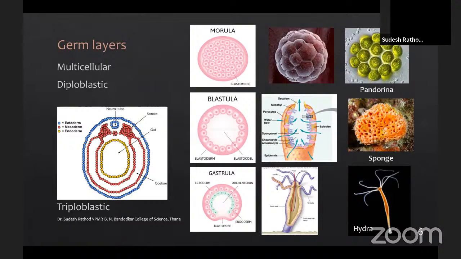If I go to a higher phylum, that is Platyhelminthes, Platyhelminthes are made up of three germ layers. Why? In addition to ectoderm and endoderm, a third layer is added between these two germ layers, which is known as mesoderm.